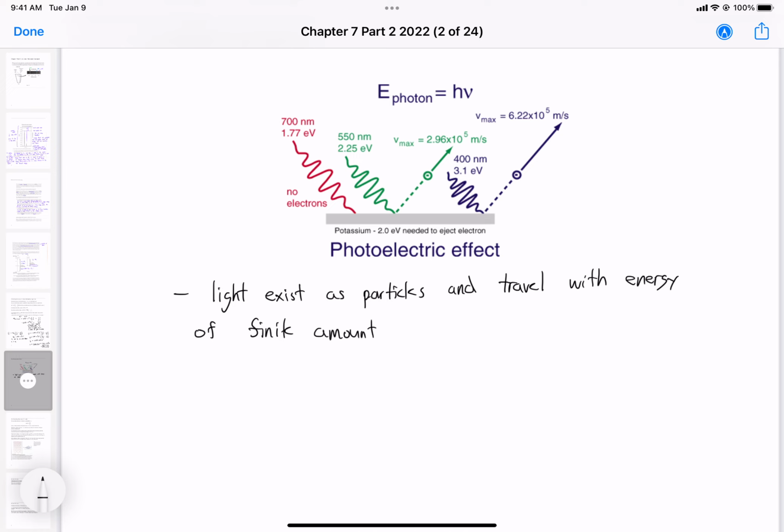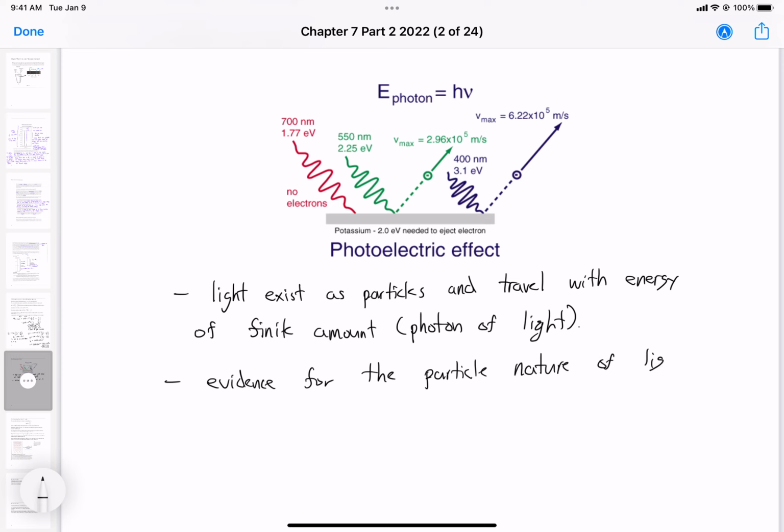So this is known as a particle, and this is known as a photon of light. All right, so this provides some evidence for the particle nature of light.